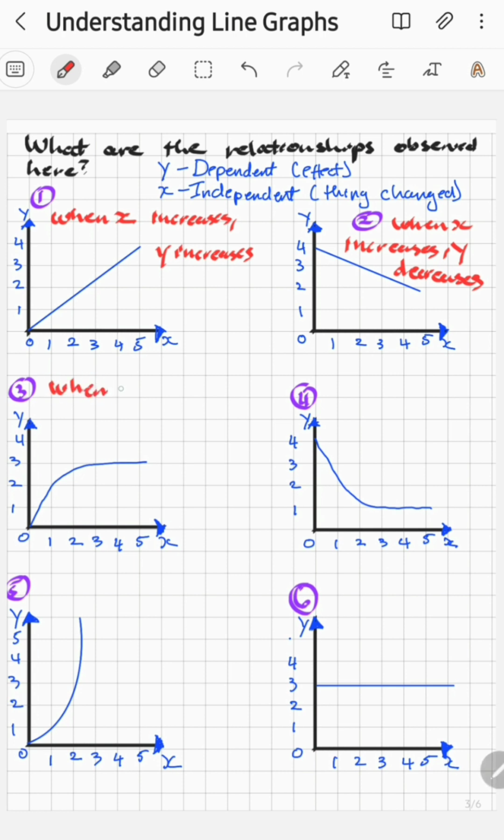When x increases, y increases until a certain point, then y remains unchanged.